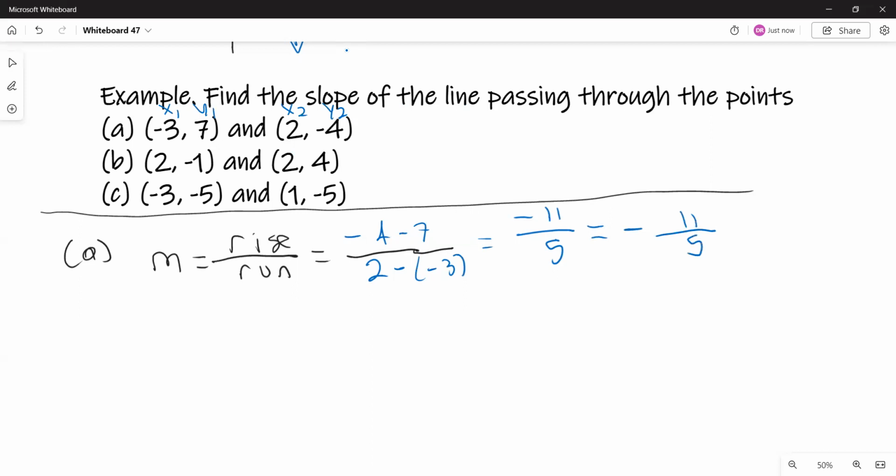So whenever the line runs 5 units, it's going to fall 11 units. Or if it goes 3 units backwards, it's going to rise 11 units.